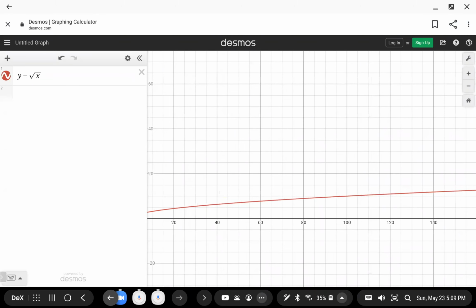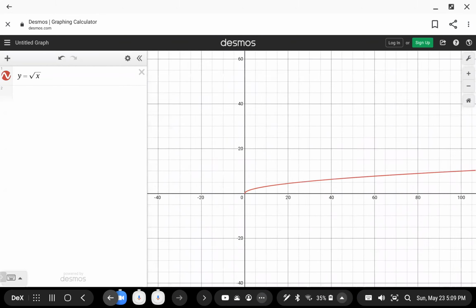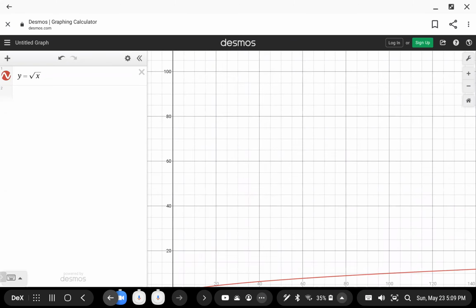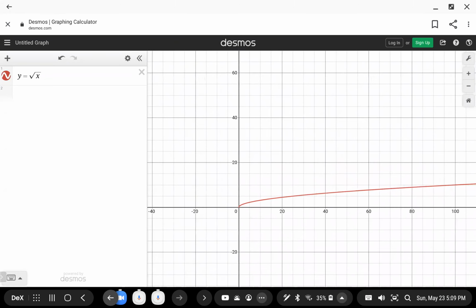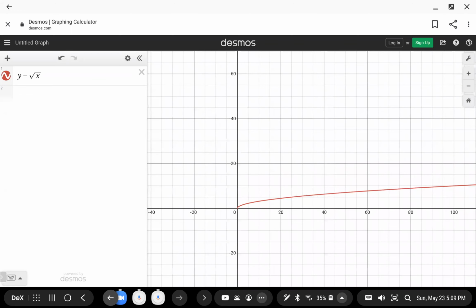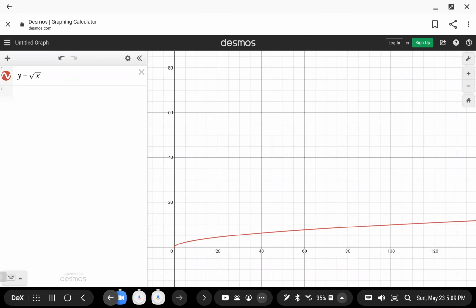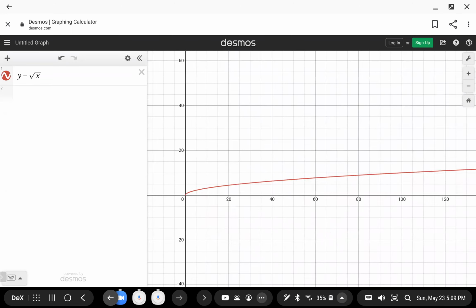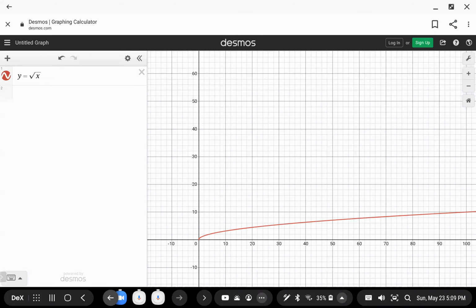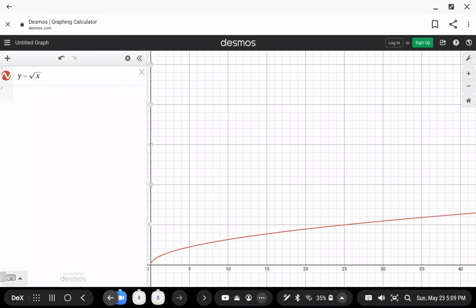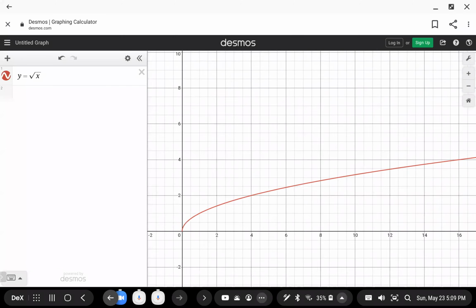All right, this is a square root function, and as you can see, it increases very quickly in the x-axis, but it also increases very slowly vertically. So the y value isn't going very high.